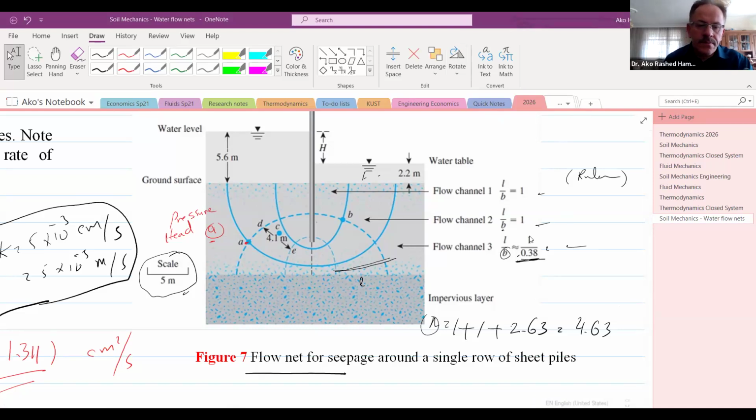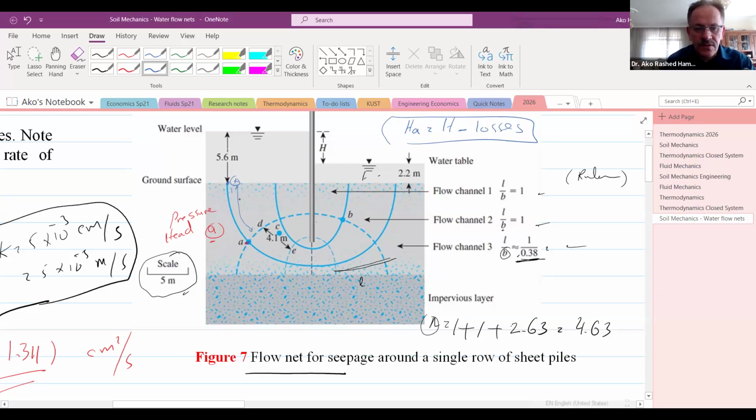For point A, when I want to calculate the pressure, the pressure head at A is equal to the pressure at this point, let's say it's here, minus this drop. That shows me the losses coming from the flow of the water through this channel.